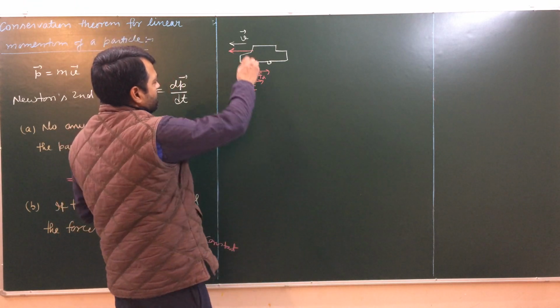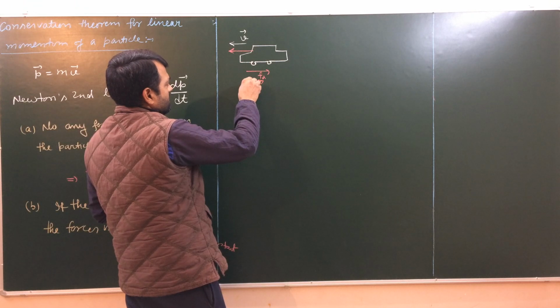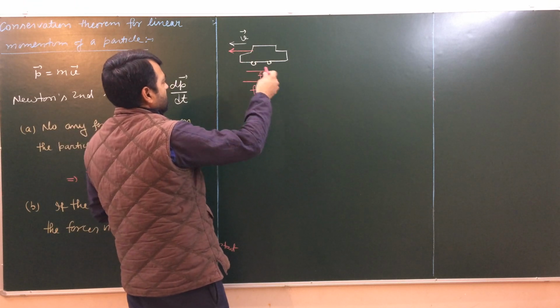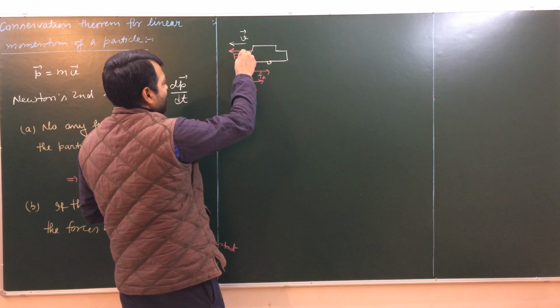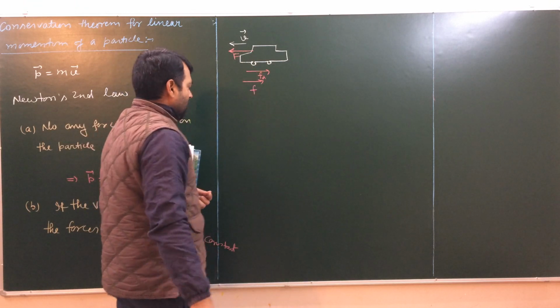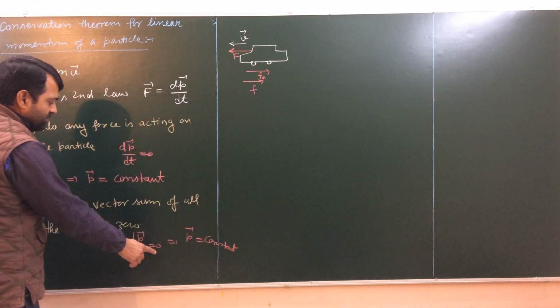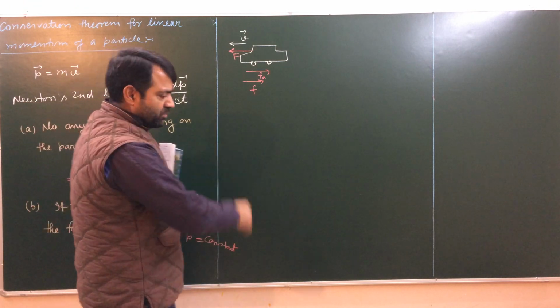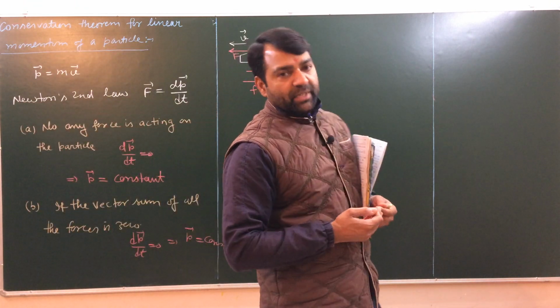If the vector sum of all these three forces is zero, in other words if the forward force is balancing these two forces, then dp by dt equals 0, P is constant, and the car will move with a constant linear momentum.